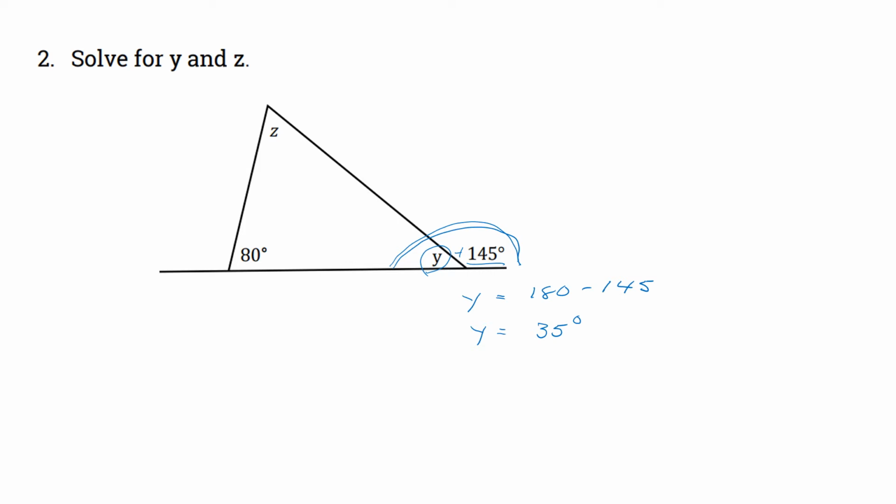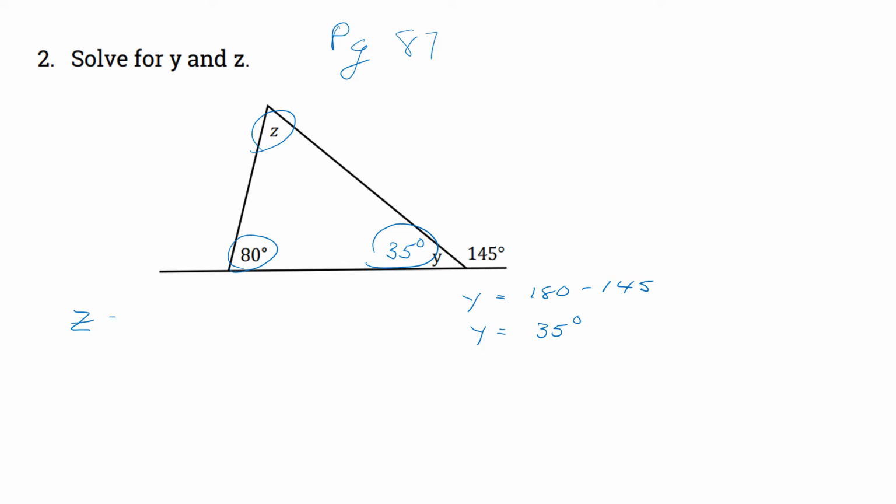Okay, by the way, we're still on page 87. Okay, now, since we know y is 35, right? So this one plus this one plus this one equal 180.